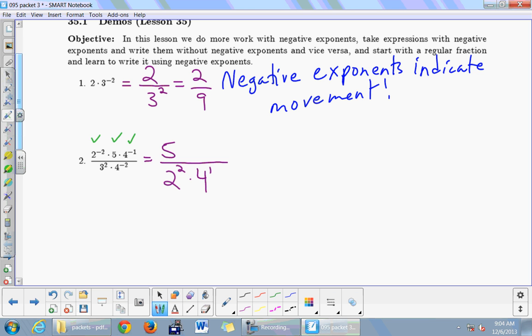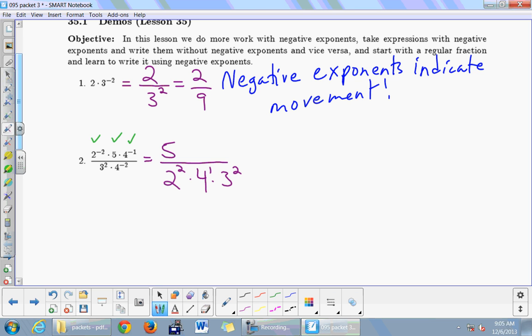Okay, we have taken care of all 3 of the things on top. Go ahead and take care of the 2 that are currently on the bottom. Either keep them where they are or move them. The 3 moves or stays. 3 stays.